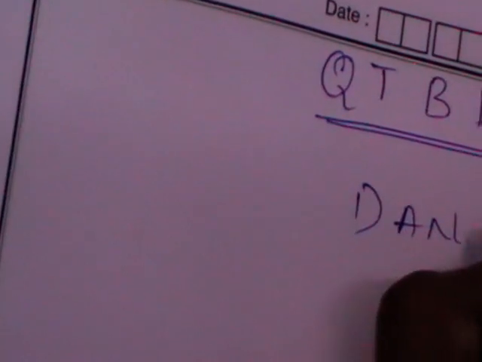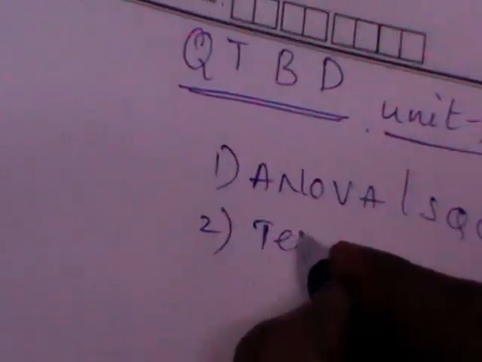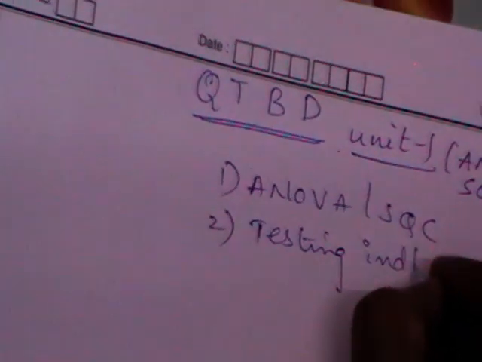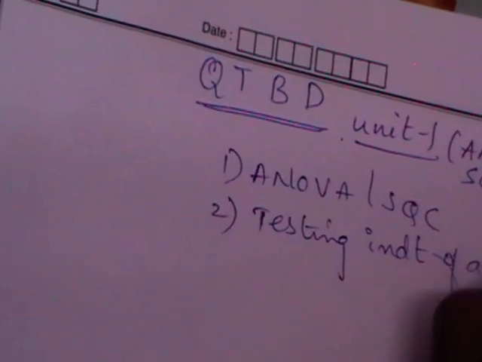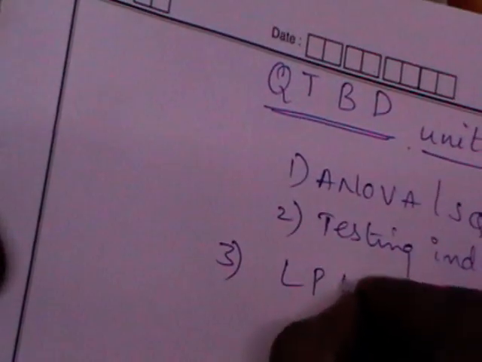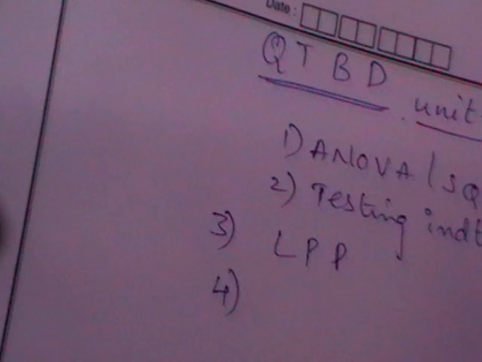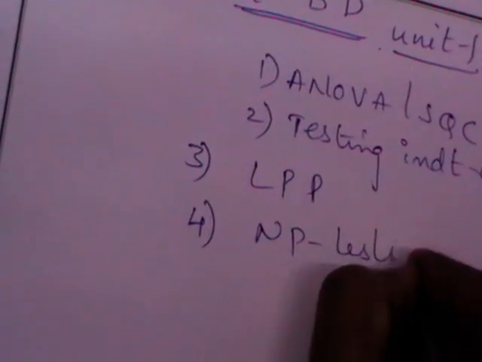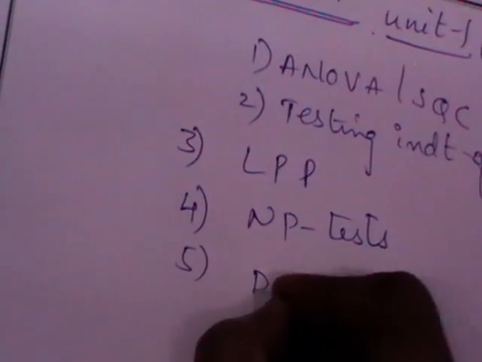What are the topics? ANOVA, SQC is the first unit, and testing of independence of attributes is another unit, and linear programming problem is another unit, and you have NP tests and decision analysis.